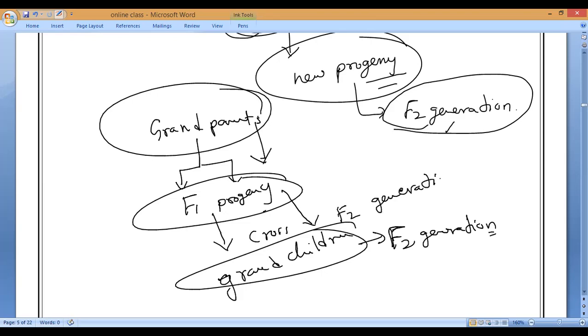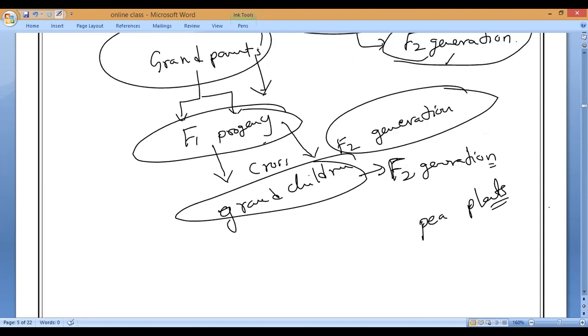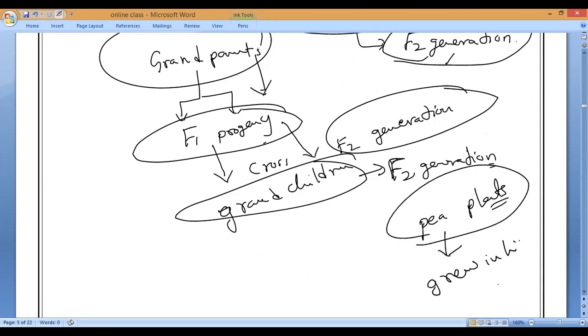That is why he is known as the father of genetics, and he did all this systematic study of the pattern of inheritance with a variety of pea plants. That is what we are going to study in the next class. These pea plants grew in his garden.